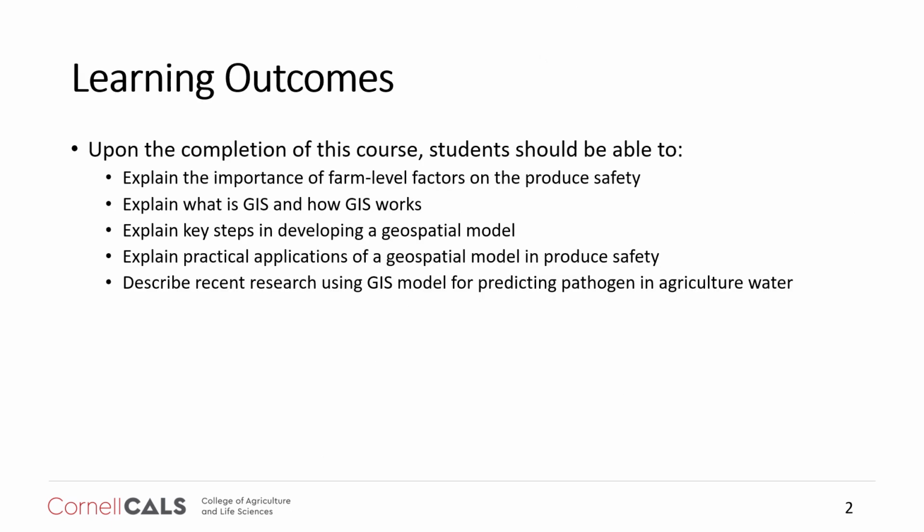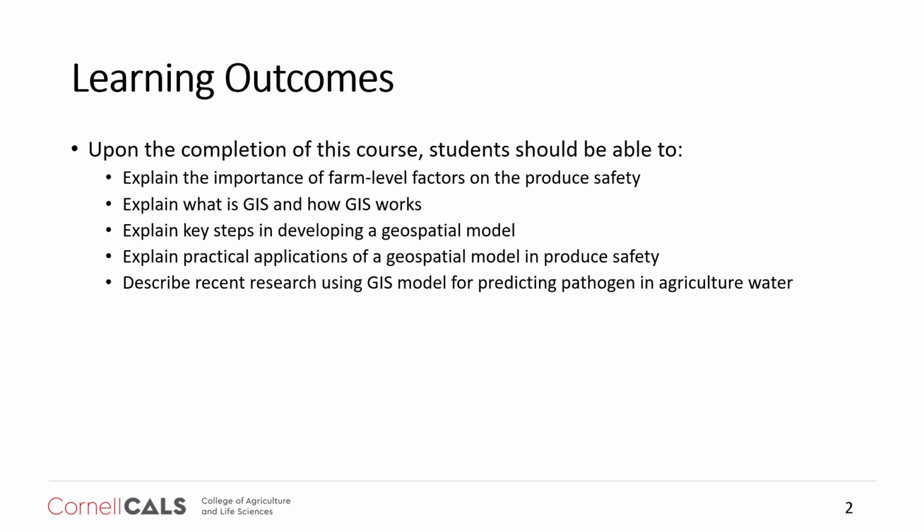Before diving into the content, let's first look at the learning outcomes for this lecture. I hope upon the completion of this course, students should be able to explain the importance of farm-level factors on produce safety, and explain what is GIS and how GIS works.